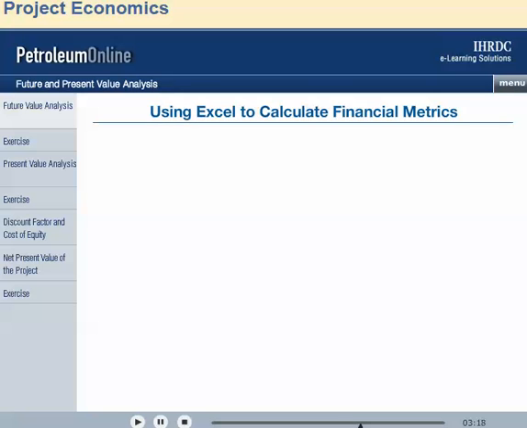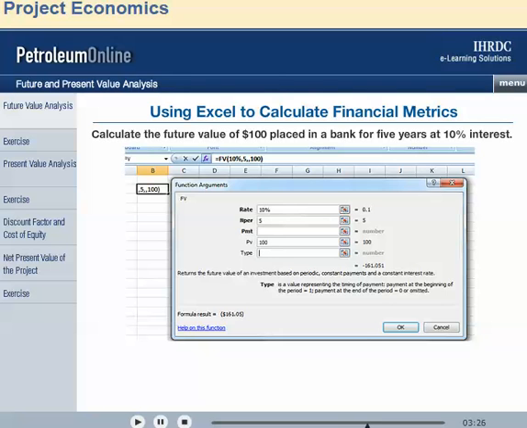For example, if we want to calculate the future value of $100 invested for 5 years, assuming an interest rate of 10%, we go to Excel, click on a cell, under Functions find the Financial category, and click on FV for future value.